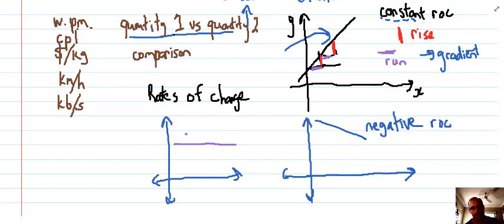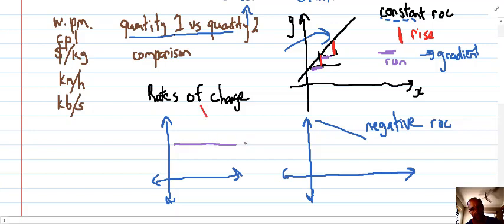Even this purple line here, it doesn't rise at all, does it? The rise is 0. It has a run, it goes across, but the rise is 0. So it's got a constant rate of change. The constant in this case is 0. So it's a constant function, we would call that.